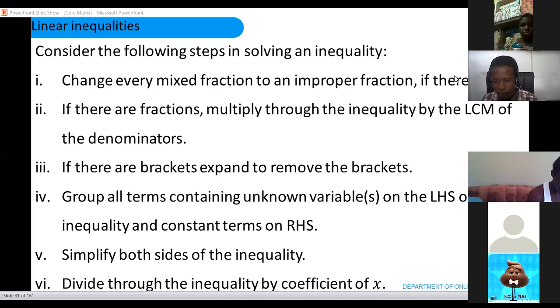So improper fractions are fractions where the numerator is greater than the denominator. For instance, 5/2 is an improper fraction. So anytime you change a mixed fraction to a fraction form, we are going to get an improper fraction.